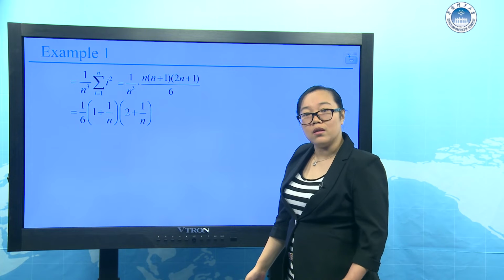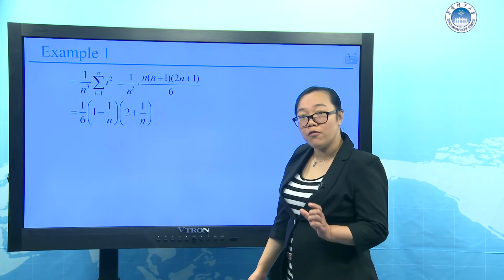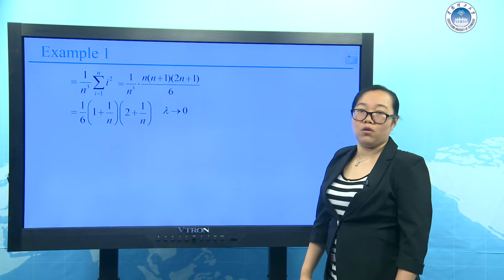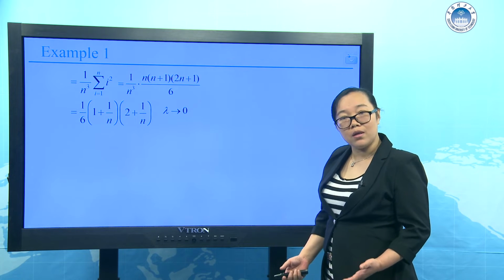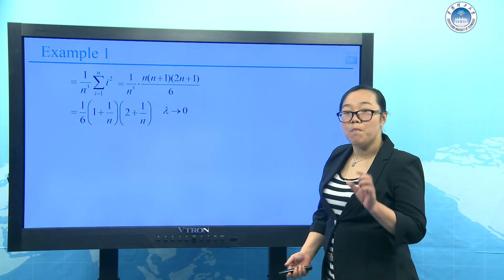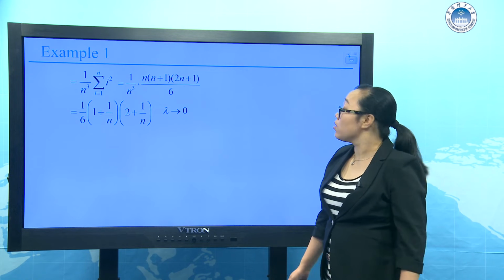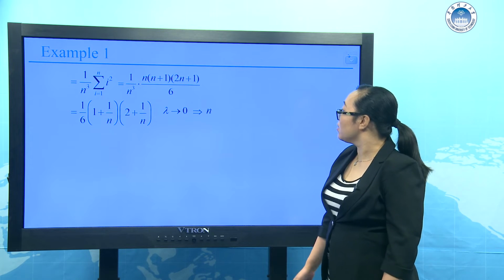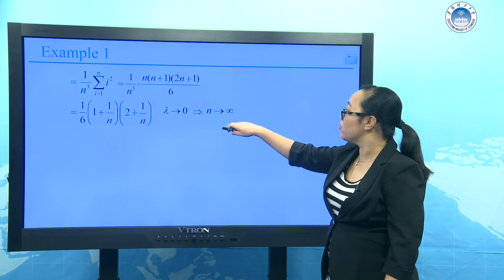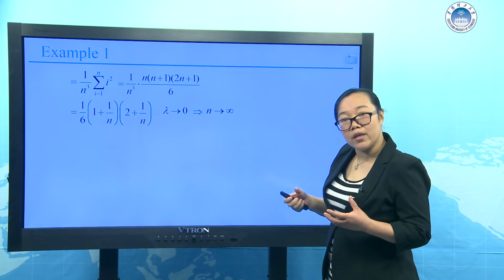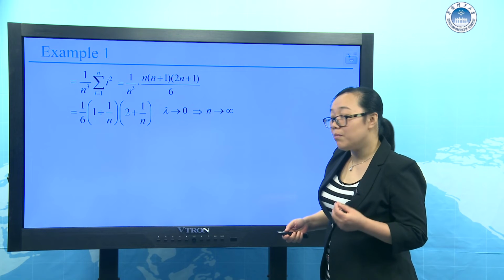So now the integral sum is a function of n. If lambda tends to 0, do you remember lambda? Yes, lambda is the maximum length of the intervals. So lambda tends to 0 means n tends to positive infinity. So let's see how to compute the limit.